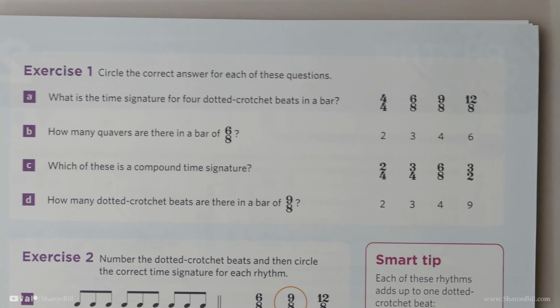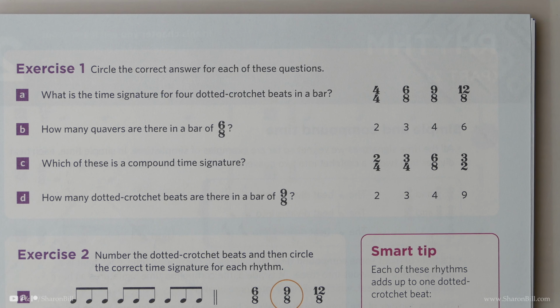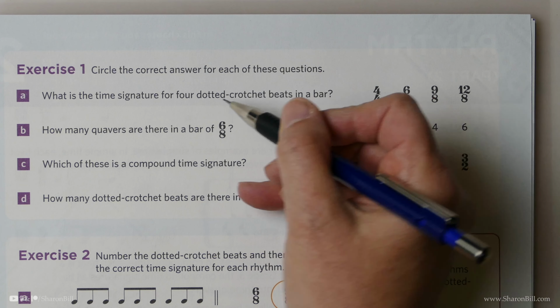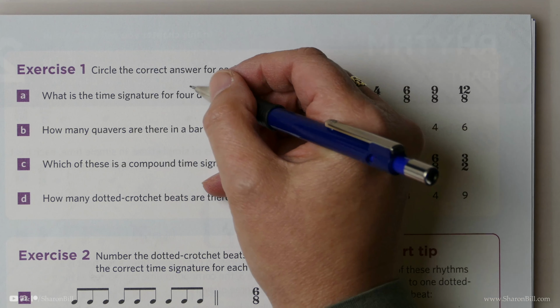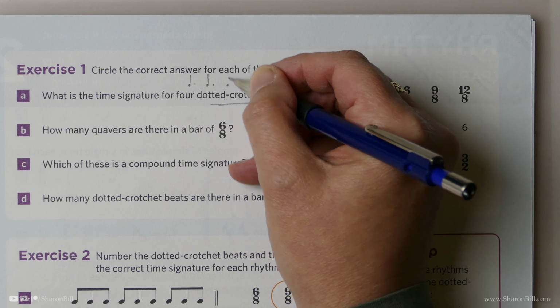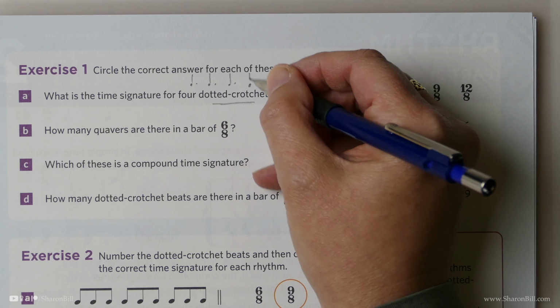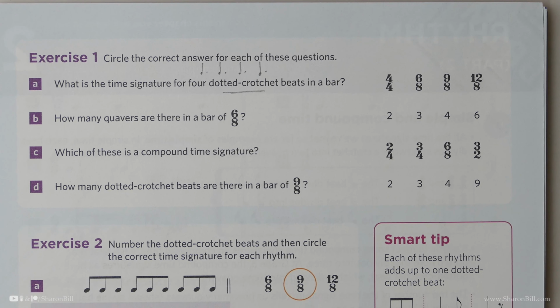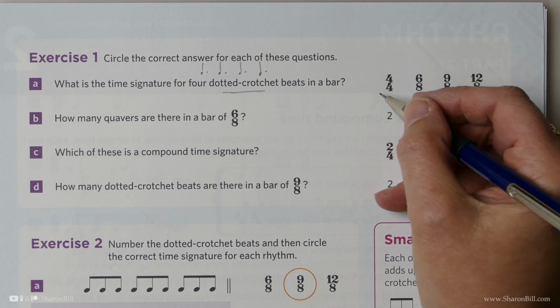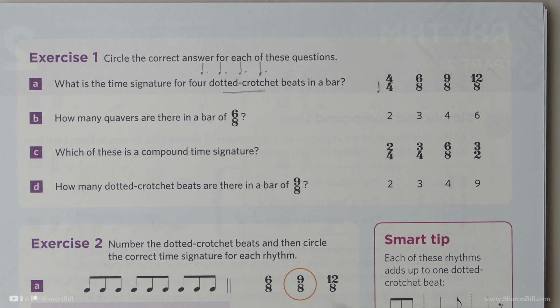And so we've got to just get our head around some of the options of the time signatures that we've got. So what's the time signature for 4 dotted crotchet beats? So dotted crotchet, dotted crotchet, dotted crotchet, dotted crotchet. And we can't say 4/4 because that's 4 crotchet beats per bar.